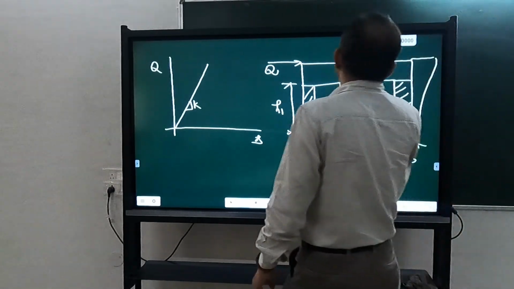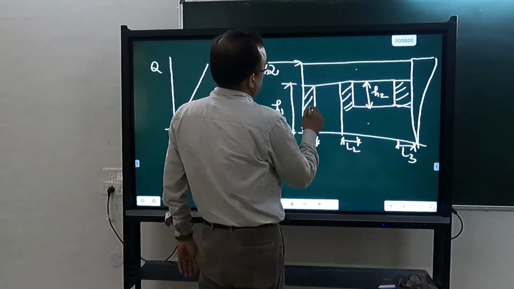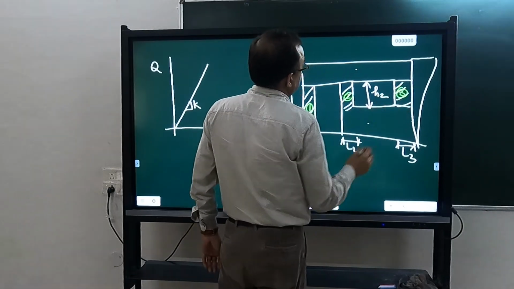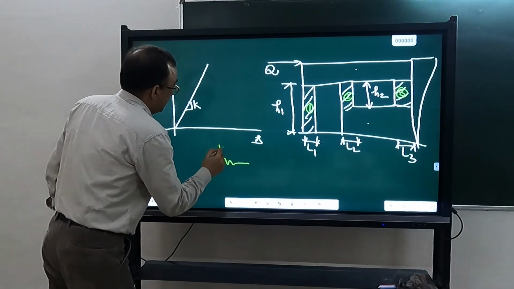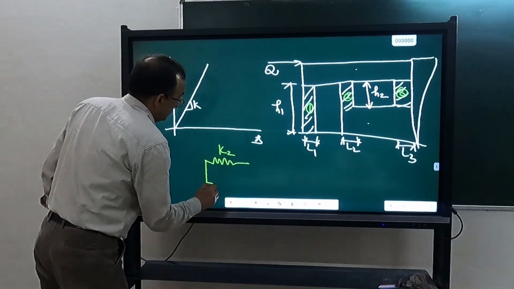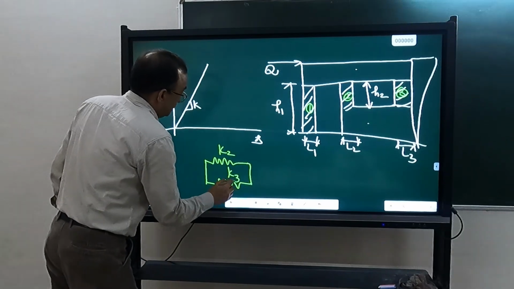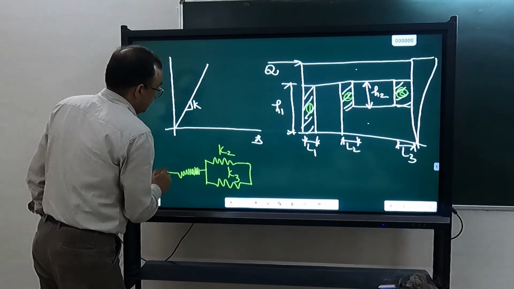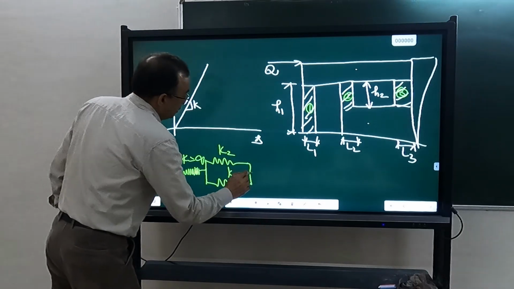Suppose I have K2 and K3 here, and I add those with a very rigid spring. What will be the stiffness of this system?